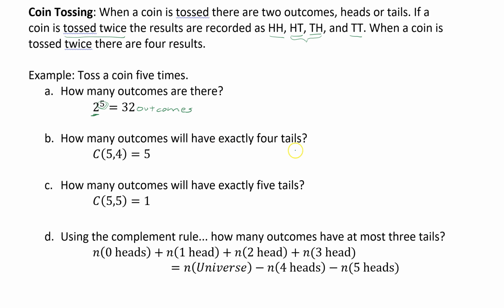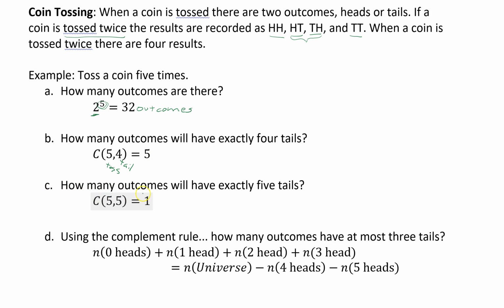Out of the 5 tosses, we want 4 tails. The combination that we're going to do is a combination of 5 taken 4, and that answer is 5.